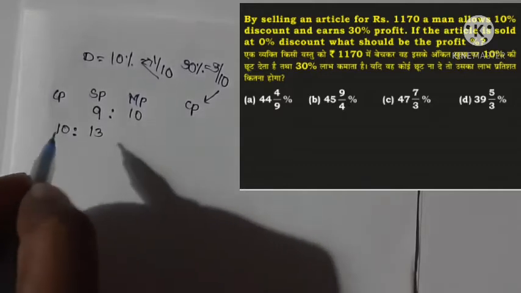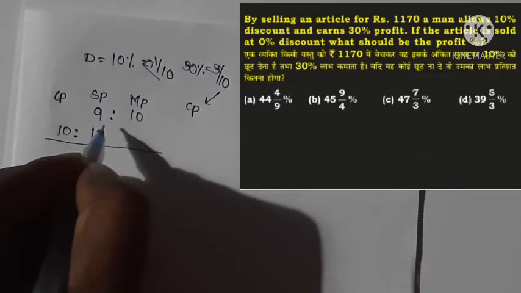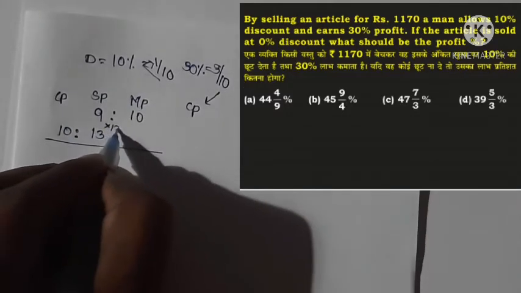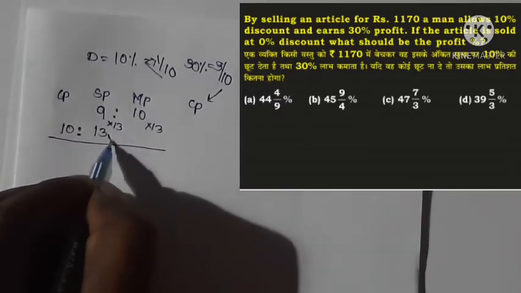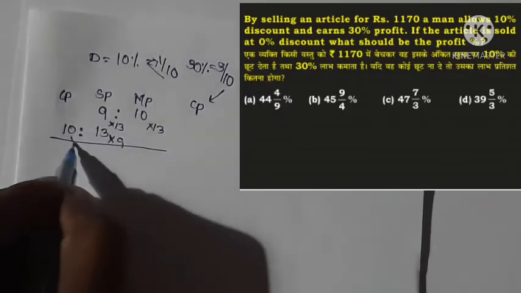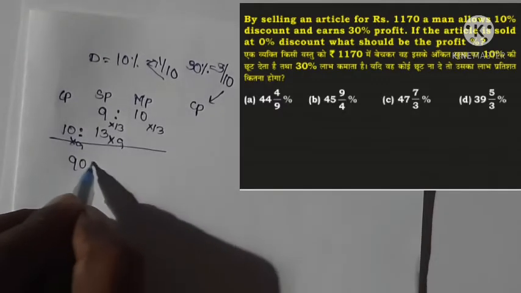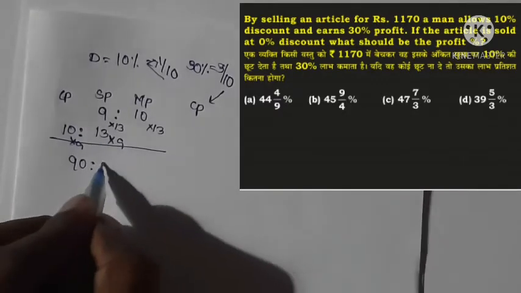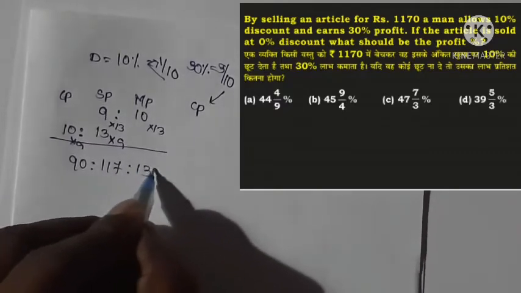Here the selling price is the same in both the cases, so multiply this value by 13 and this by 9. So the cost price is 90, the selling price is 117 and the mark price is 130.